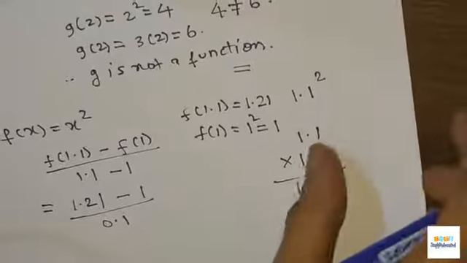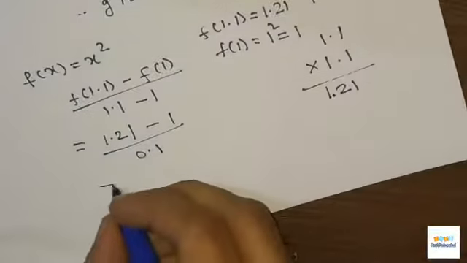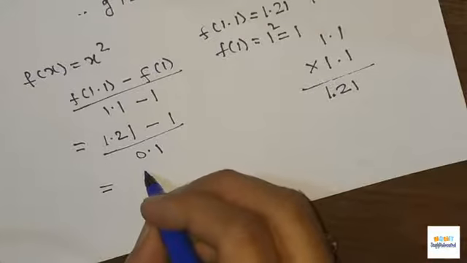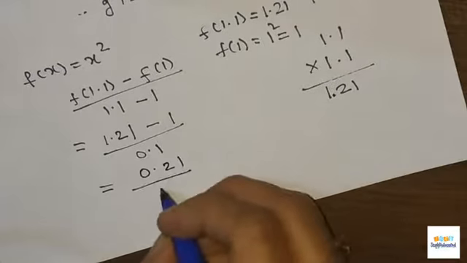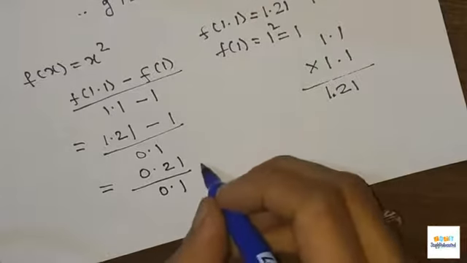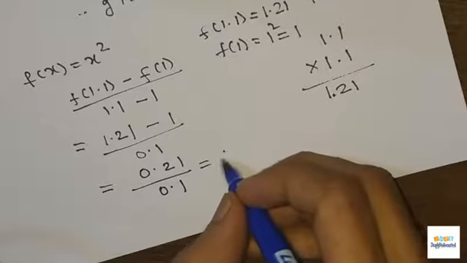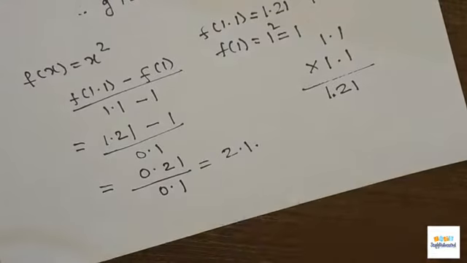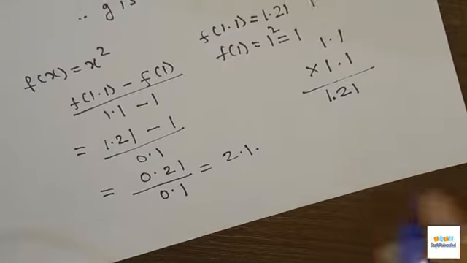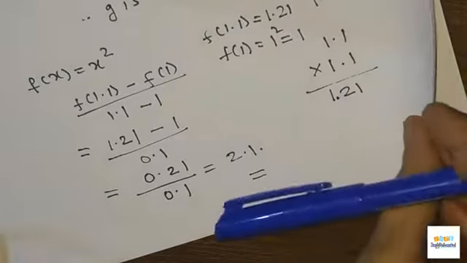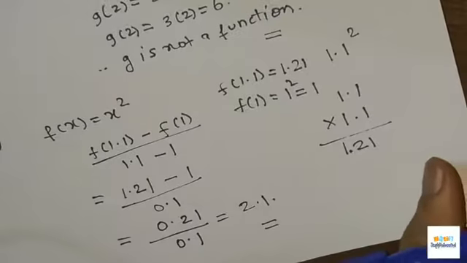Okay, so you will get 1.21 minus 1 will be 0.21 divided by 0.1, which is equal to 2.1. Okay, so that is the answer. That was the second problem. Let us go to the third problem now.